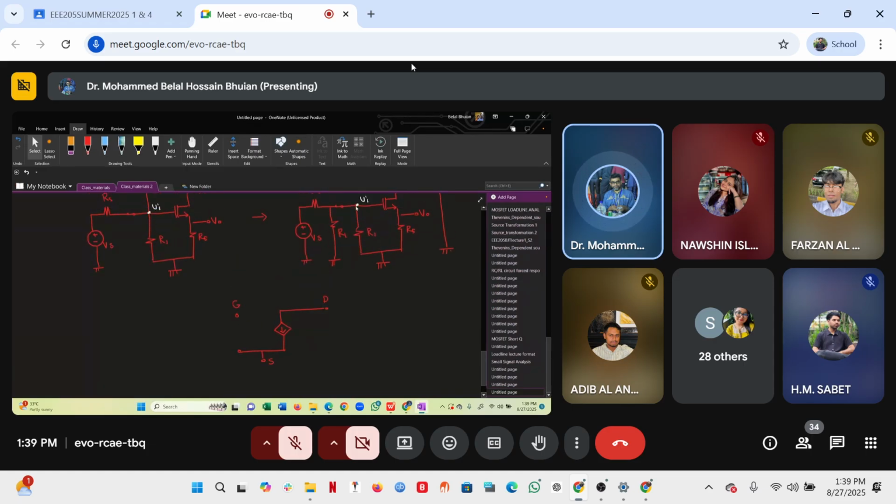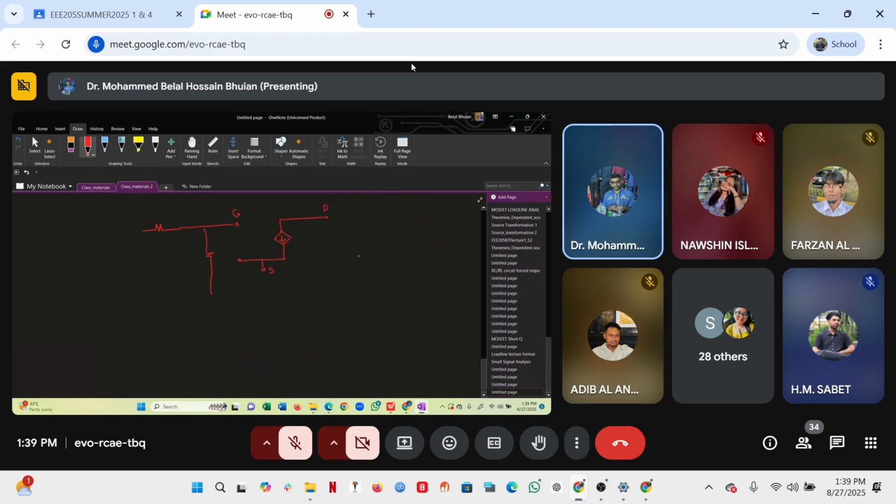In the gate terminal, we have R1 and R2 connected in parallel, and we have RS, with the source VS. That is our VGS, plus minus.